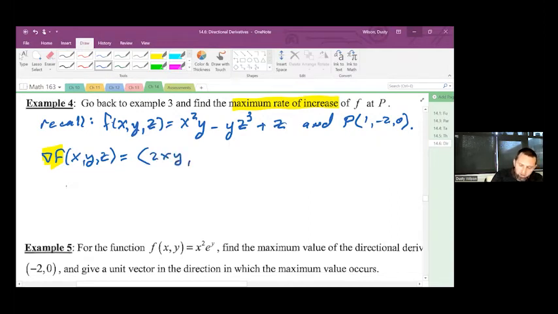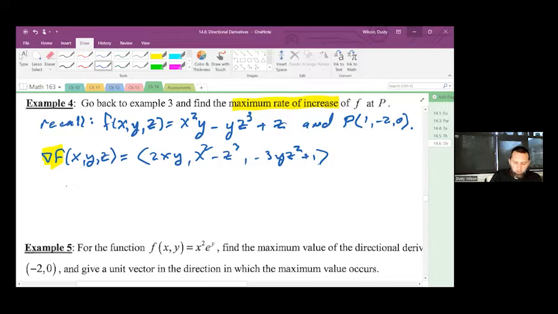And then we need to find f_y. So f_y would be x squared minus z cubed, and the partial with respect to z, that would be minus 3yz squared plus 1.